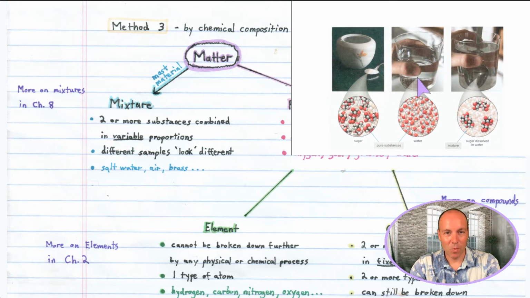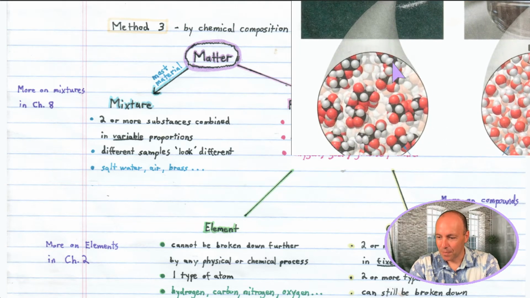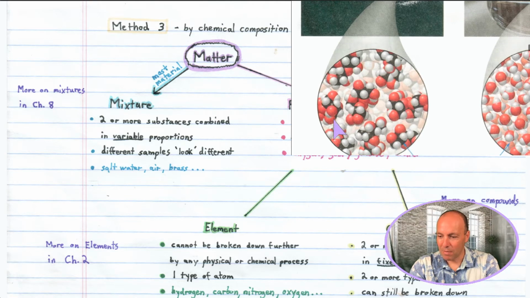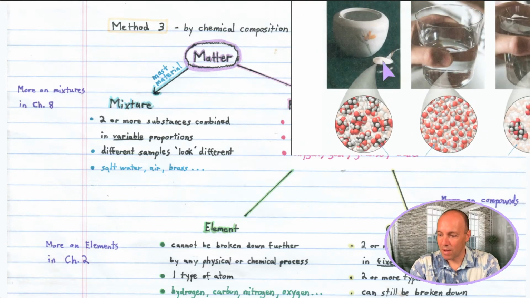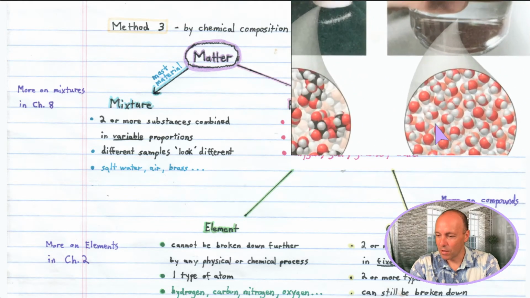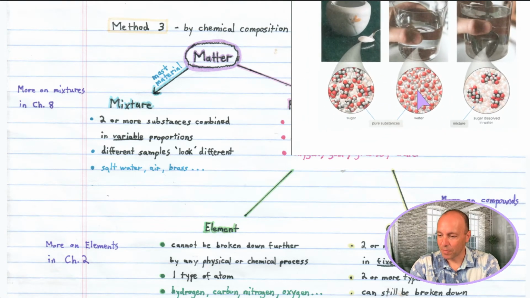So one more example of a mixture that your author shows is sugar. When it dissolves in water, you get sugar water. So sugar molecules are these large, complicated looking molecules. But here, pure sugar, all you have is one type of molecule, these large sugar molecules. And when you have pure water, you just have those pure water molecules. Okay? So these are two separate pure substances.